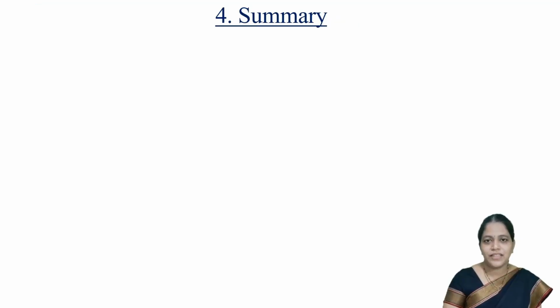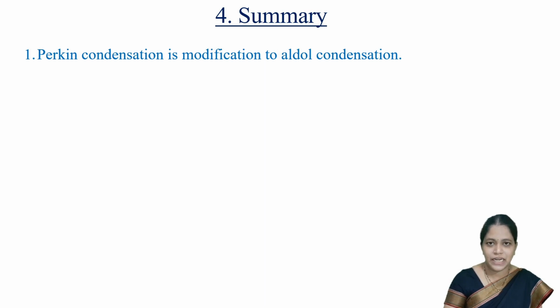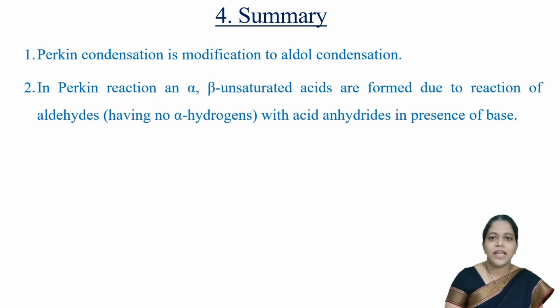Let us summarize some important points that we have discussed so far. We have discussed the Perkin reaction, which is a modification of the aldol condensation reaction. In the Perkin reaction, alpha, beta unsaturated acids are formed due to the reaction of aldehydes that have no alpha hydrogens with acid anhydride in the presence of a weak base.